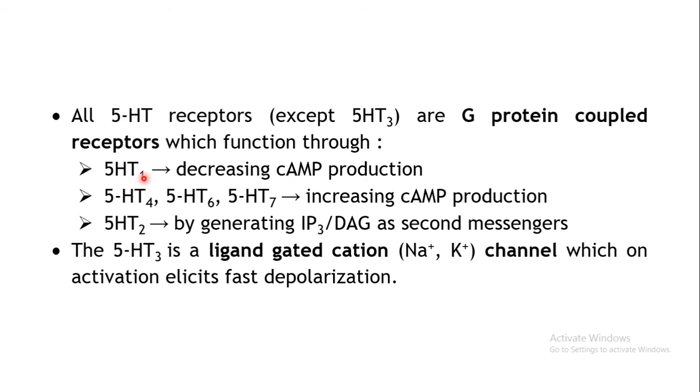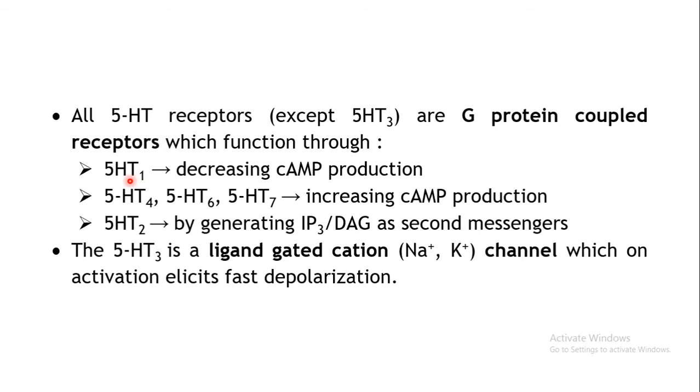Okay, so this 5-HT1 receptor basically acts by decreasing the cAMP production. You are already aware there are different pathways, right? The IP3-DAG pathway, the phospholipase C IP3-DAG pathway, the adenylyl cyclase cAMP pathway, and channel regulation. So these are the ones under the G protein coupled receptor.